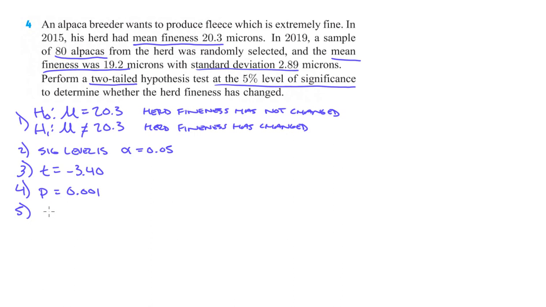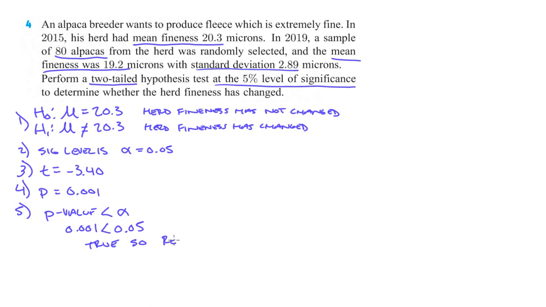What we're trying to figure out is if the p-value is less than our significance level, then that's when we reject H0 and take H1. In our case, our p-value is 0.001, and is that less than 0.05? That is true.